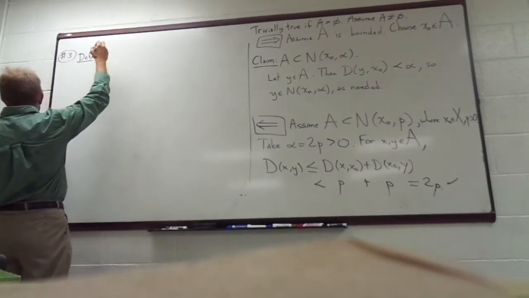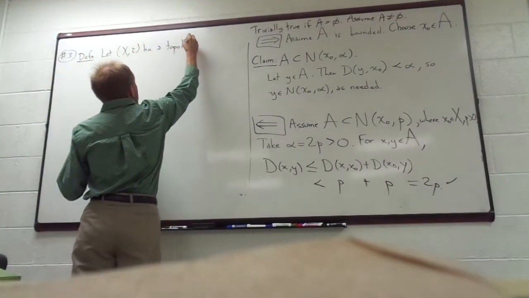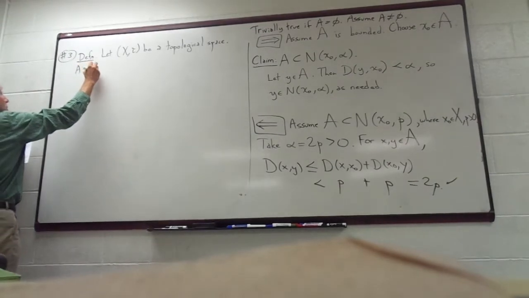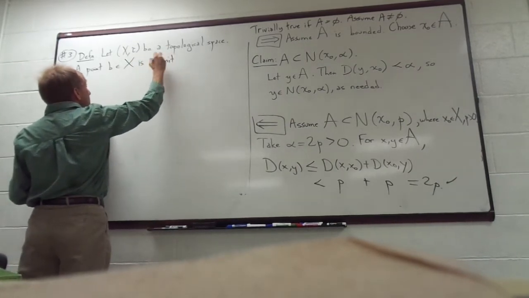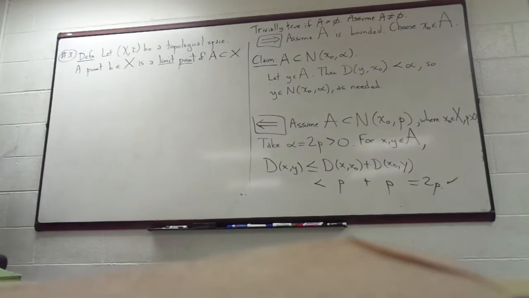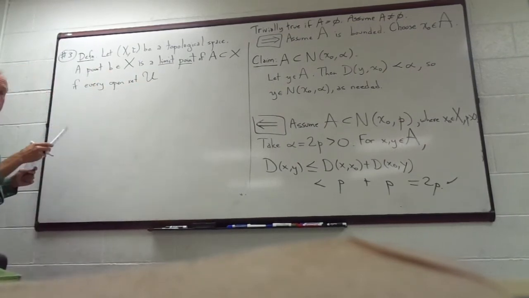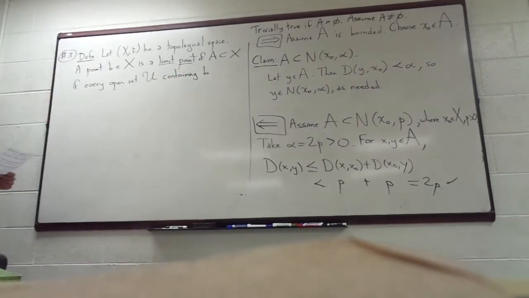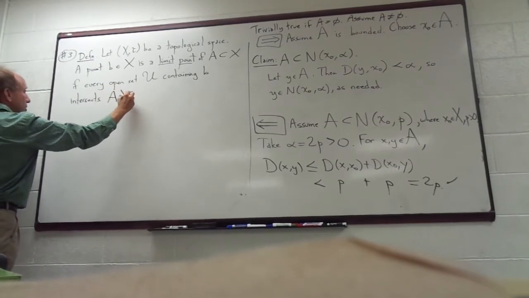Let (X, tau) be a topological space. A point B in X is a limit point of some subset, I'll call it A, inside of X, if every open set U containing B intersects A minus the set {B}.